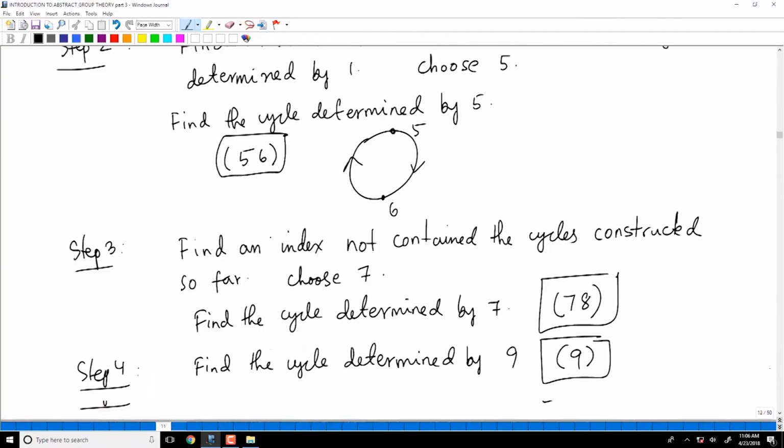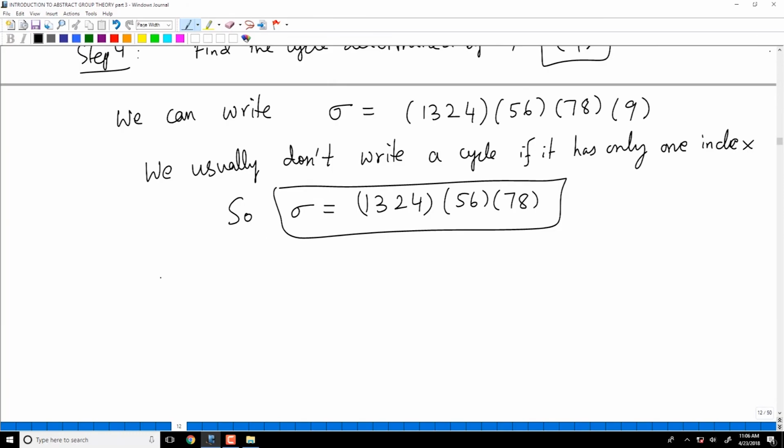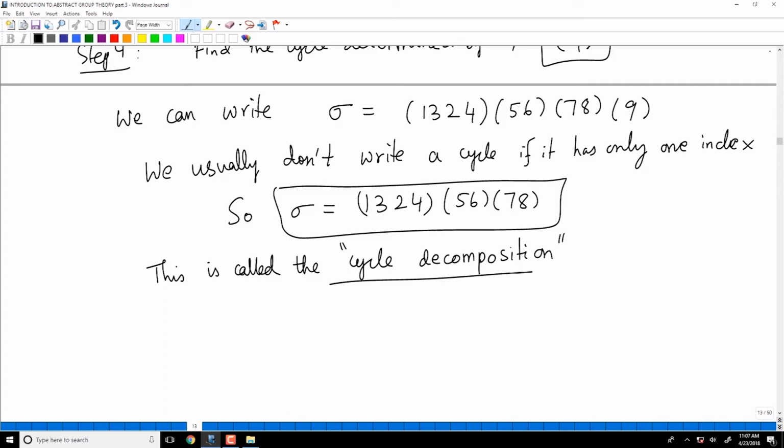has this cycle decomposition. This is called the cycle decomposition of sigma. So what are we doing? We are decomposing sigma as cycles.